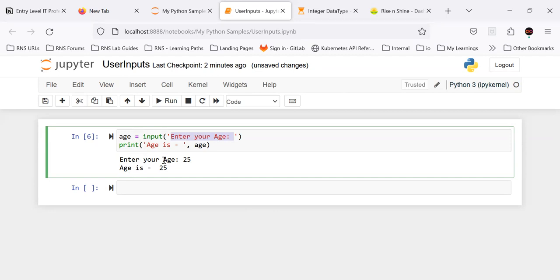Whatever message you have given, it is going to show to the user and it waits for the input. Once the user has entered a value, whatever value we have entered is assigned to this variable. It is stored in memory. And whenever you use this variable, you get the value back from memory. Is it clear about the input function?